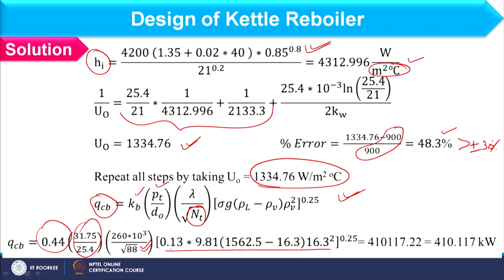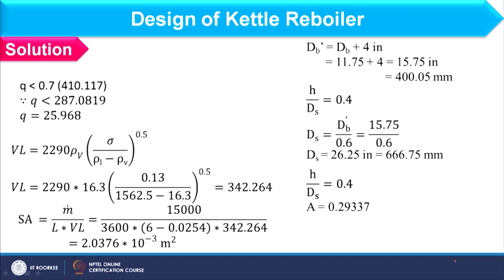Okay. So, considering all these values, we can find out the critical heat flux as 410.117 kilowatt per meter square. And what is the criterion for critical heat flux? That the system heat flux should be less than 70% of the critical heat flux.